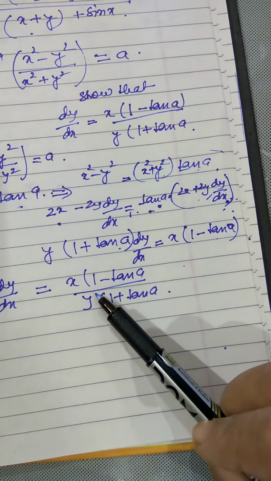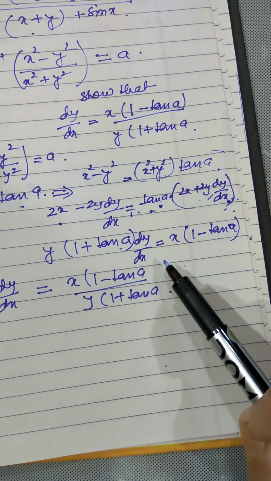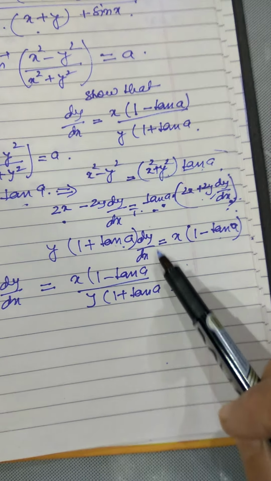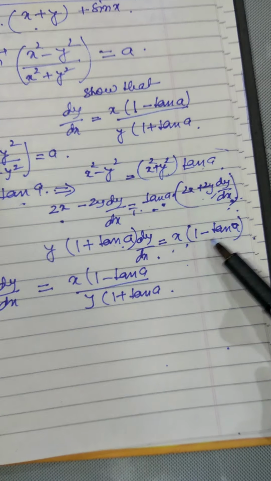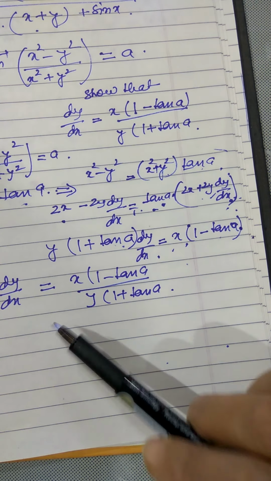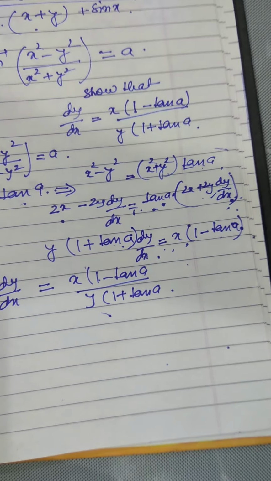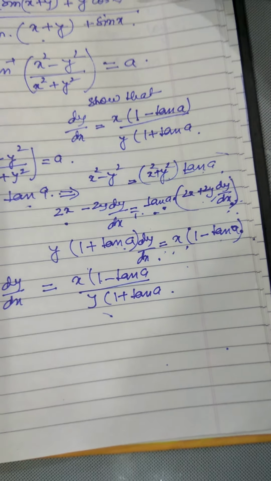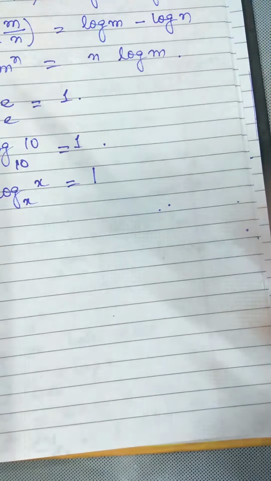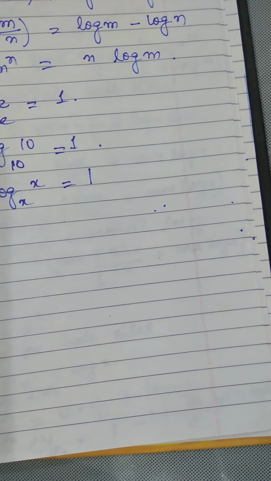So this is x into (1 - tan a), this is (1 + tan a) y dy/dx = x(1 - tan a). So dy/dx is x/y times (1 - tan a)/(1 + tan a). So wherever you get y, differentiate it with respect to x, giving dy/dx.